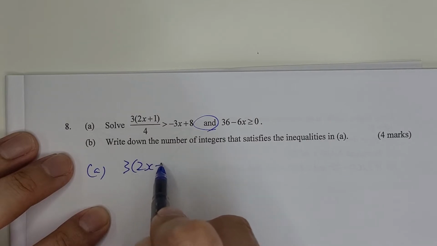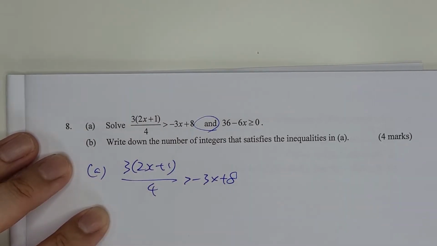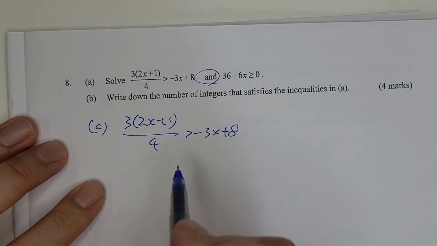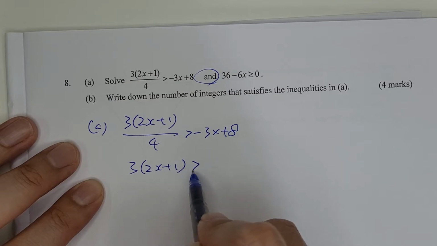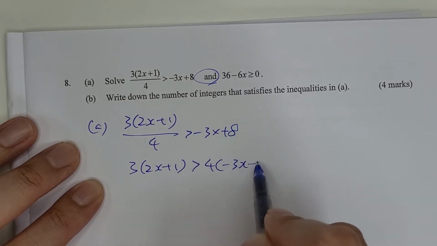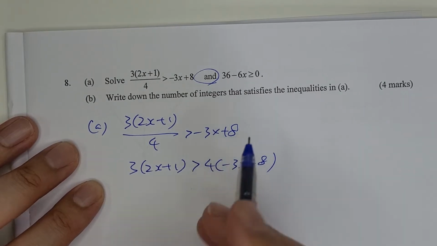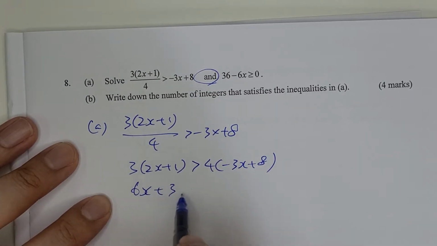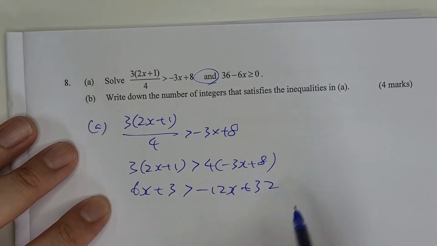So you can first of all solve them separately at the beginning, but you need to combine them after that. So 3 bracket 2x plus 1 greater than 4 bracket negative 3x plus 8. You should add the bracket to it because 4 is multiplied to each of them. So 6x plus 3 greater than negative 12x plus 32.